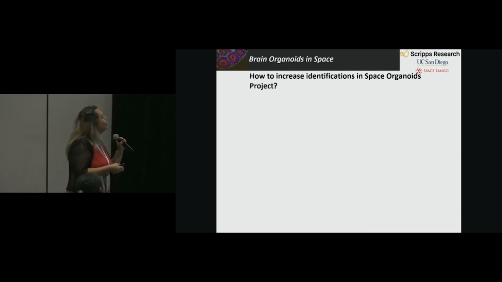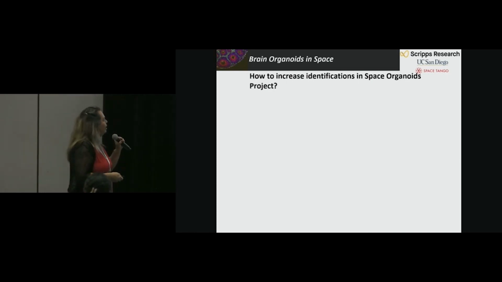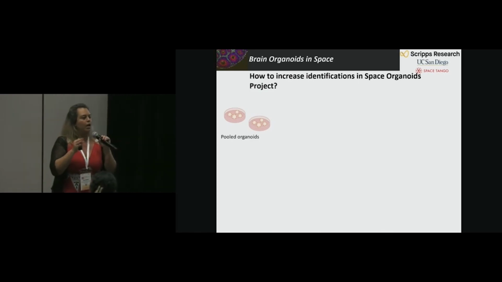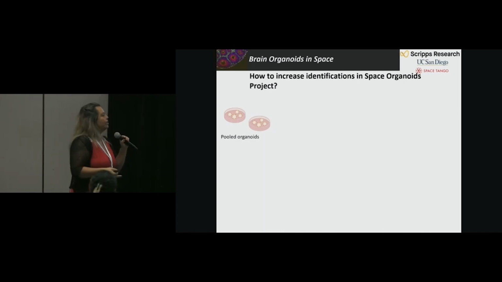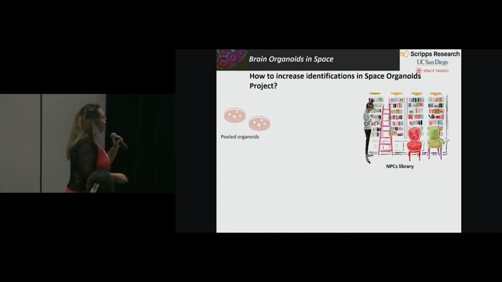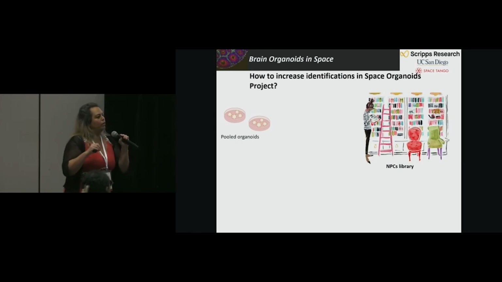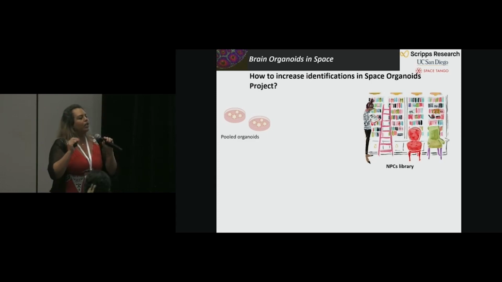So we decided to also have different strategies to increase the identification of the proteins. One of them was, of course, we analyzed the brain organoids one by one, but we also had a pool to increase the signal of the differentiated proteins. And that was really interesting: a strategy that we use a lot in single-cell proteomics is to build a tailor-made library from the same cell type as the brain organoids.